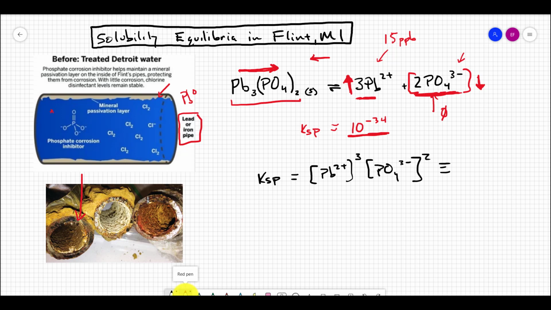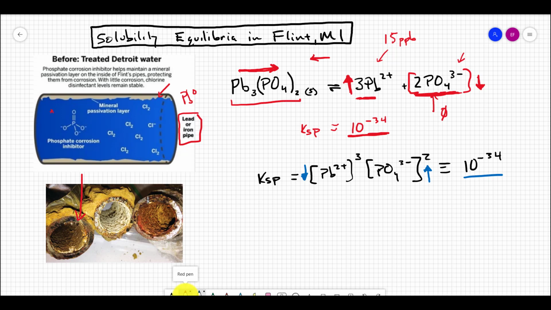And those weighted products have to be equal to 10 to the minus 34 if the system's at equilibrium, which it's always striving to do. So you can imagine if you spike your system with a certain level of phosphate, that's going to drive the lead concentration down in order to still maintain 10 to the minus 34.